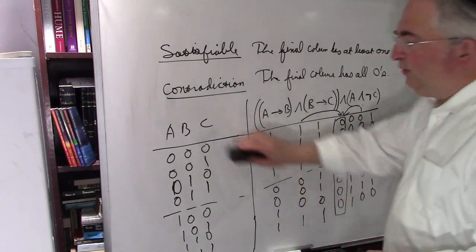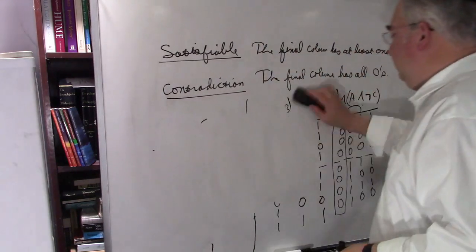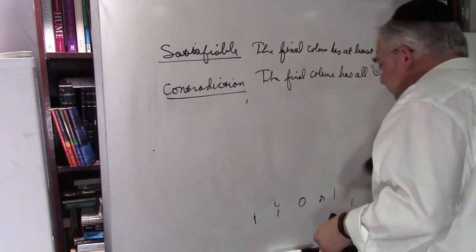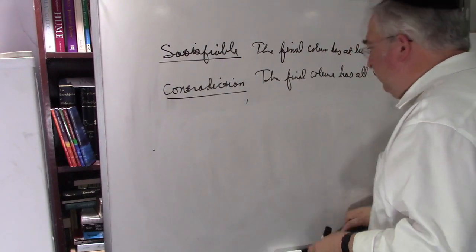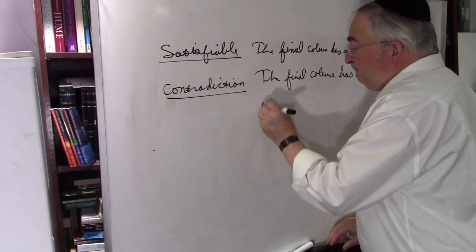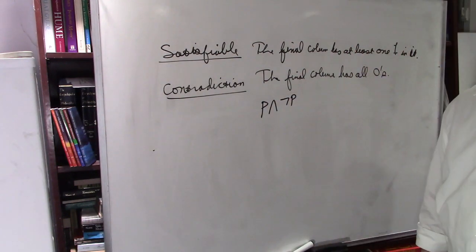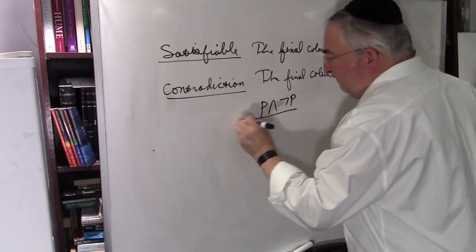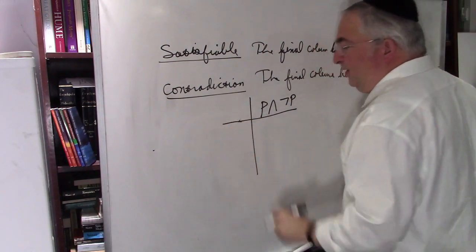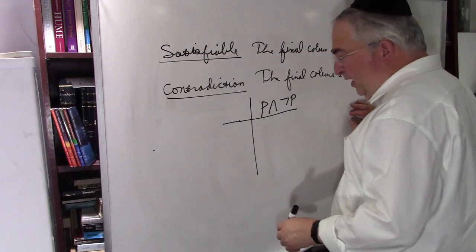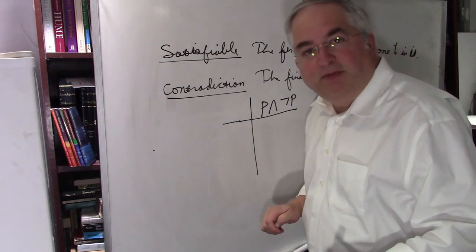Let me give you a shorter example of a contradiction. Ready? This is the world's shortest example of contradiction. Can't get shorter than this. Ready? P and not P. Okay? I like mustard and I don't like mustard.